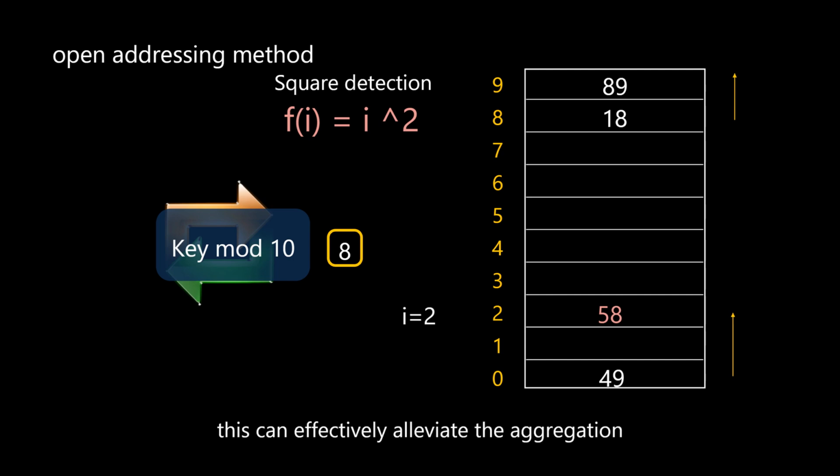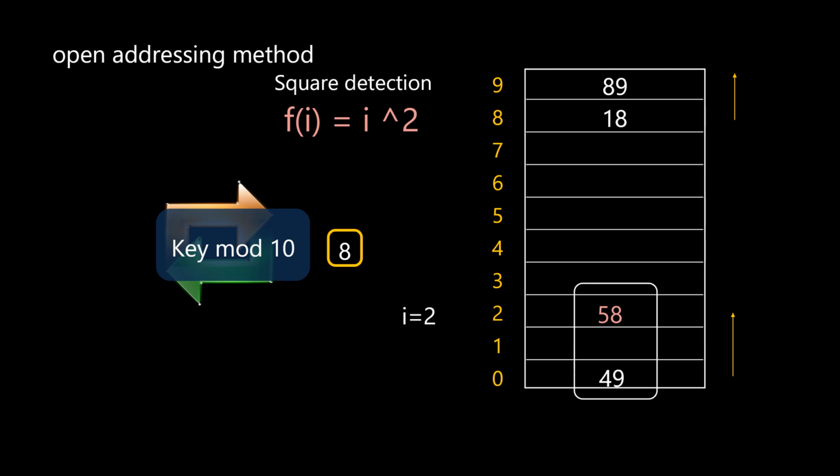Although this can effectively alleviate the clustering problem, because it is skipping, it's more likely to produce waste and the size of the required table may be larger. Well, there are other things such as double hashing, rehashing, extendible hashing, etc., which are not expanded here.